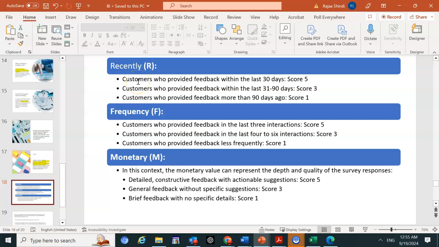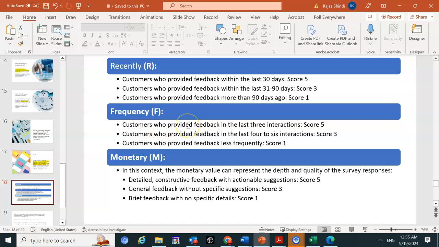Look at all the data and the trend, and just to simplify, customers who provide feedback within the last 30 days receive a score of 5. Customers who provided feedback within the last 31 to 90 days get a score of 3. And customers who provided feedback more than 90 days ago receive a low score of 1. So that's not recent. The more recent, the higher the score.